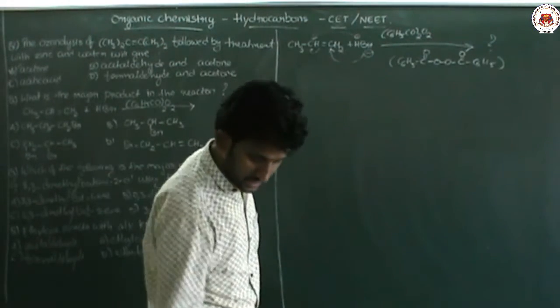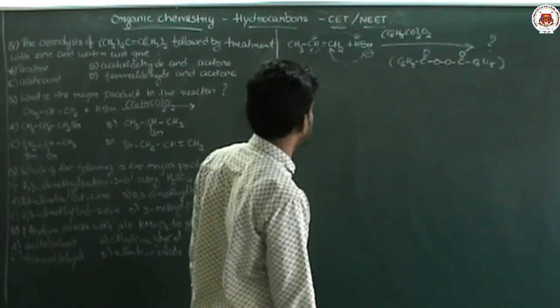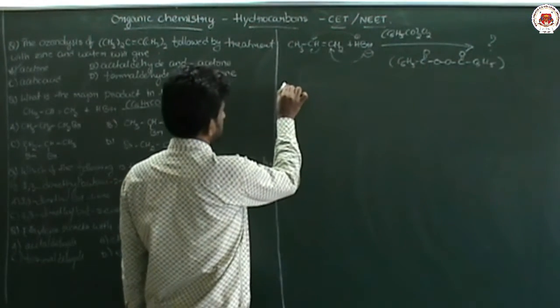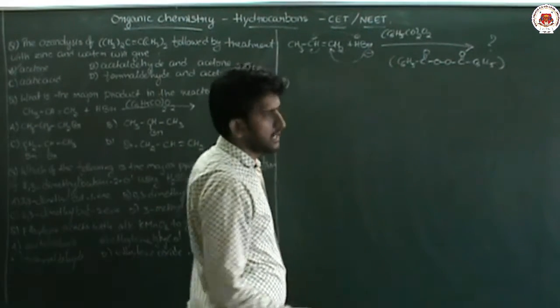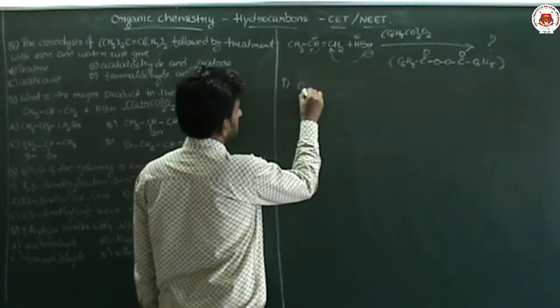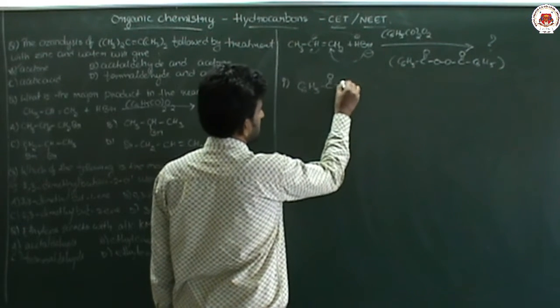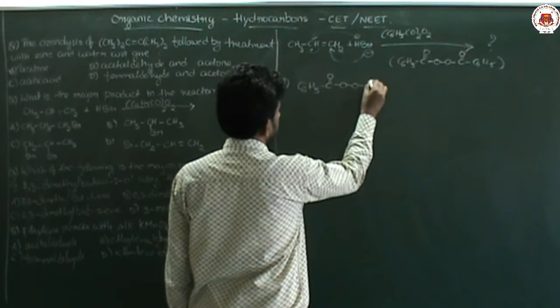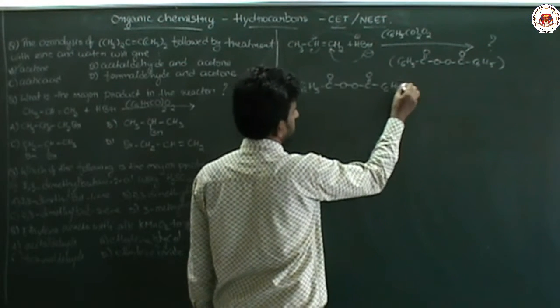Okay. Let us see the mechanism here. What happens and why is it happening? In step 1, I would like to treat the reagent with peroxide. Basically, benzoyl peroxide or hydrogen peroxide is unstable. They undergo homolytic fission.